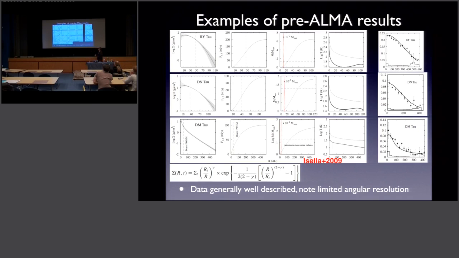As you see, the fits are relatively good, and there is a variety of surface density profiles that are derived in different disks. Some seem to go down in the inner disk. Some are flat and then fall off, and some are very high in the inner disk and go down.